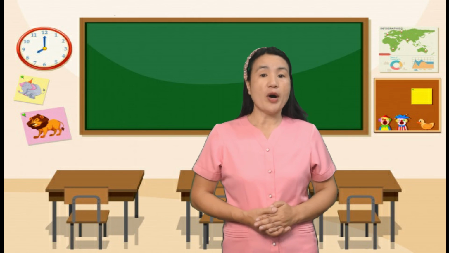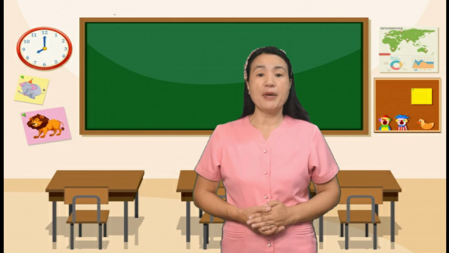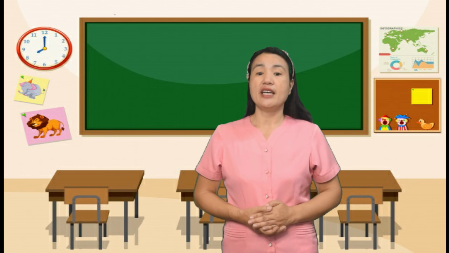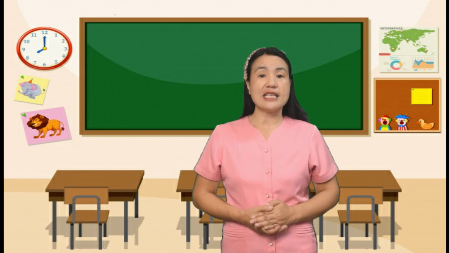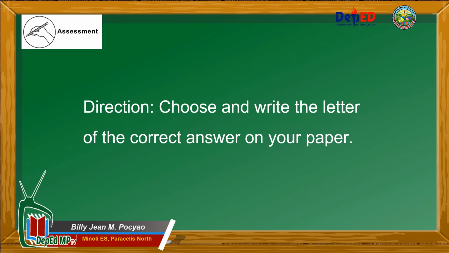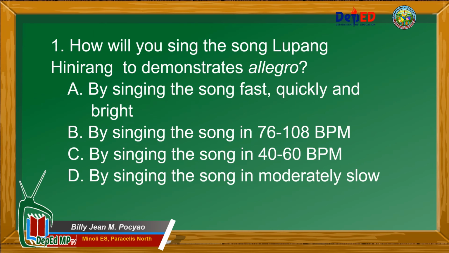Now that you have a wider understanding of the topic, you are now ready to answer the following assessment. Direction. Choose and write the letter of the correct answer on your paper. Number 1. How will you sing the song Lupang Hinirang to demonstrate allegro? Letter A. By singing the song fast, quickly and bright.